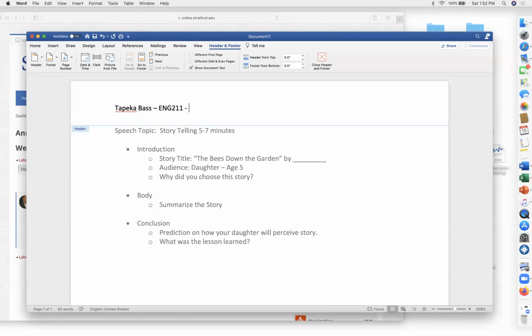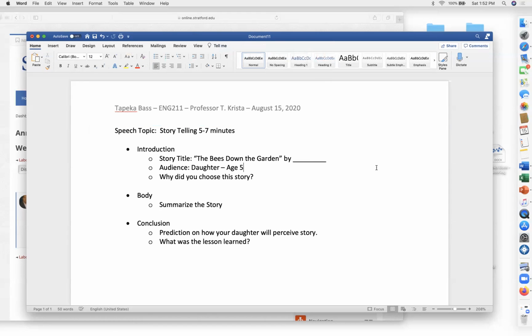Tara Chris. And put today's date. I like doing this because if you have more than one page, on every page it'll have your name.